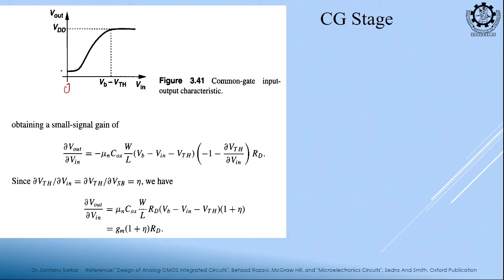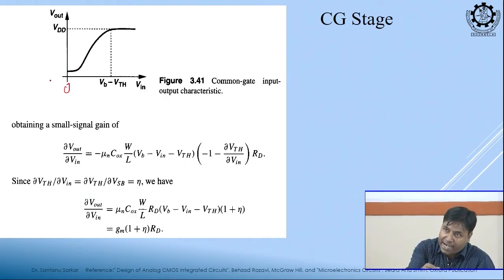So, it starts with VDS sat, the overdrive voltage, and as my input is increasing, current is reducing, output is also increasing, and when it crosses VB minus VTH, meaning just less than VTH, no current flows, and the output will be clamped to VDD.